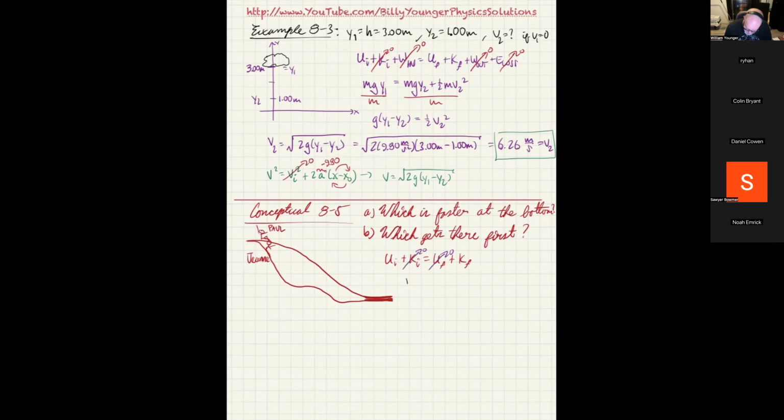So we're going to get mgy is equal to 1/2 mv final squared. So you can see since the y's are the same and the masses don't matter, then clearly the final velocity is going to be the same in each case. So for A, the answer is neither. They will have the same speed.